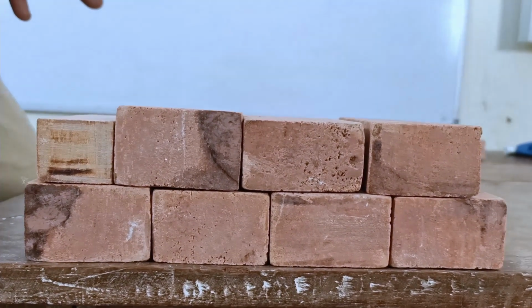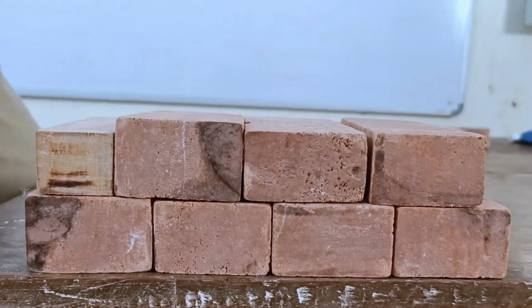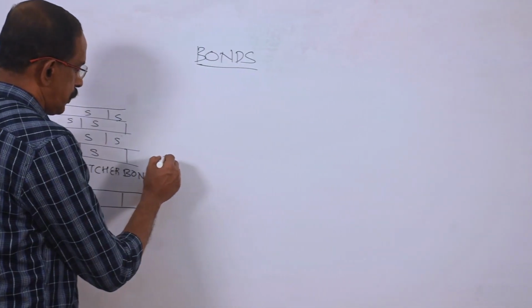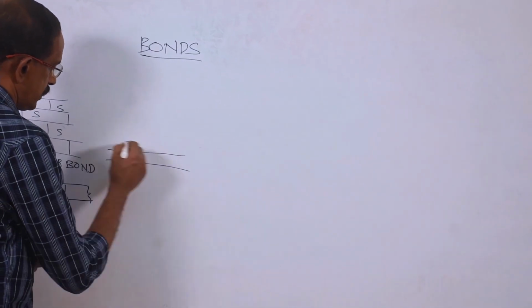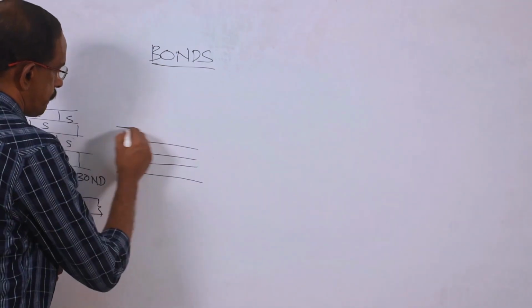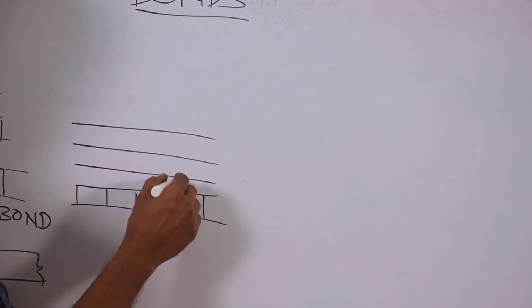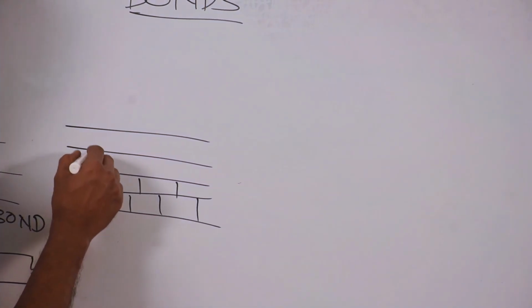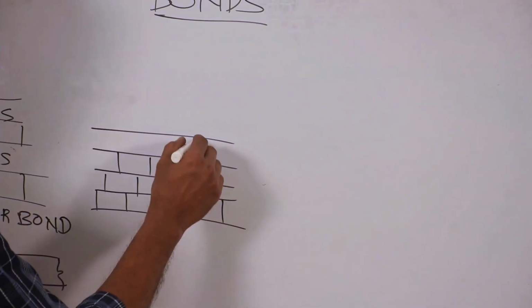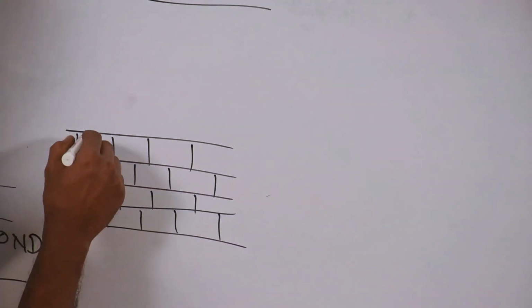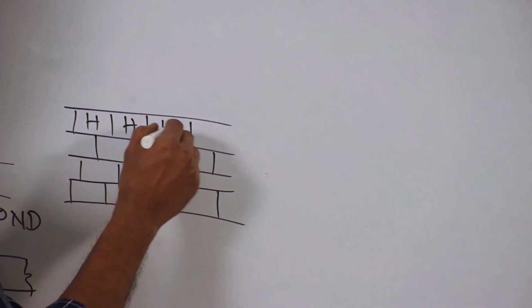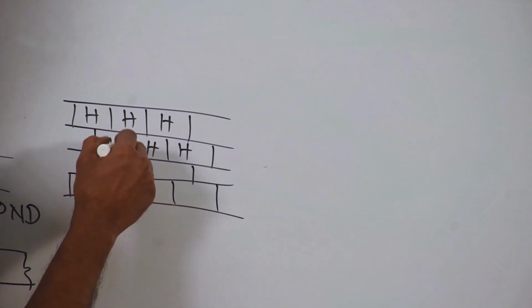So far we have seen structure bond and header bond. If you draw the front view, it looks like this. You will be able to see the header side or header face of the brick. So I will mark it as header face.